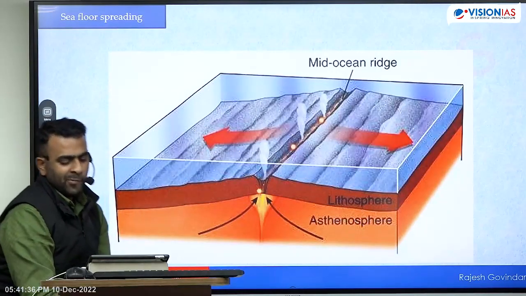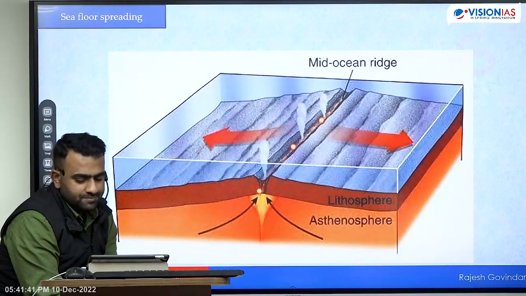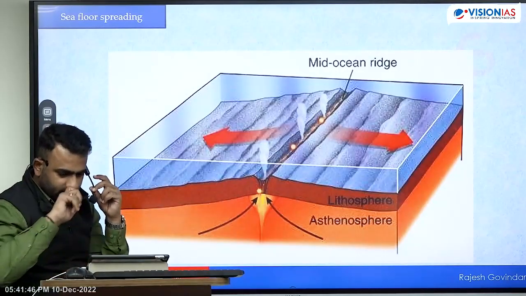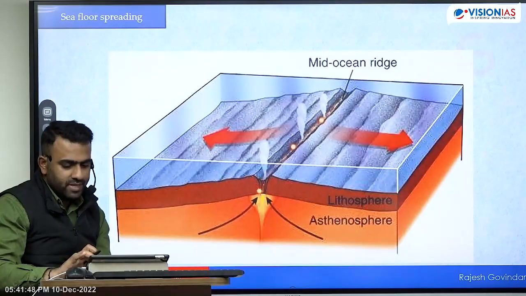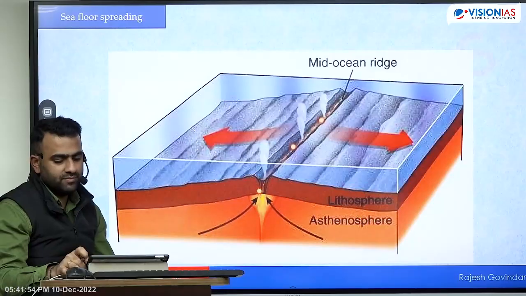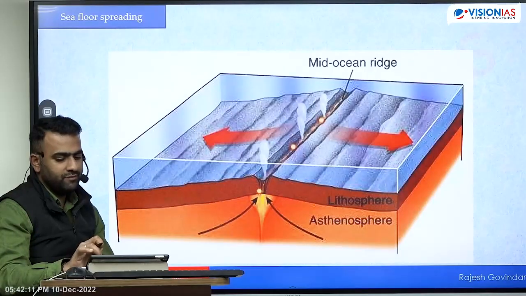Next paragraph. Based on the above observations, Harry Hess in 1961 proposed the theory of sea floor spreading.